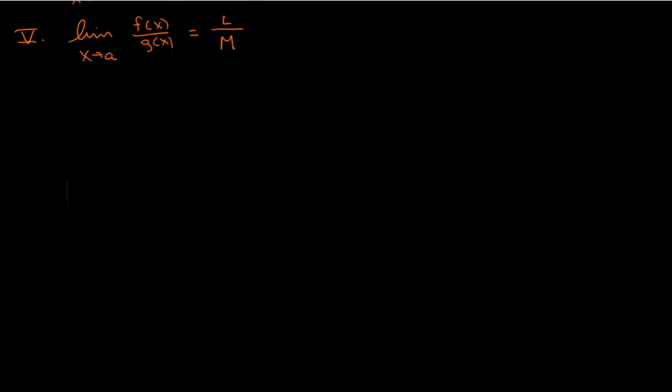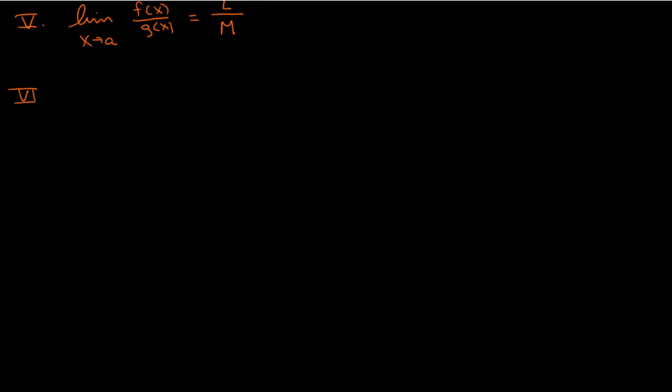The very last, or the sixth of these properties, was the property that says if we have x going to a of f of x and we raise it to some power, n can be any number you want. It can be a fraction. For example, a third would be a cube root.